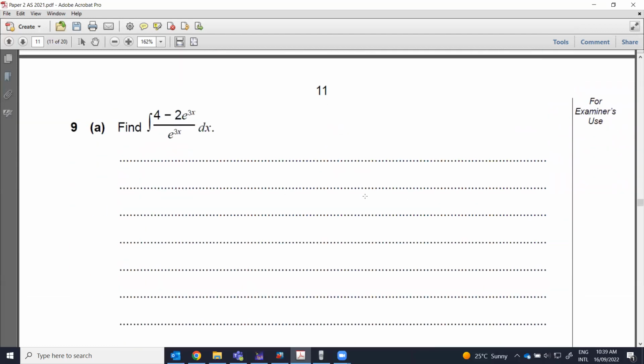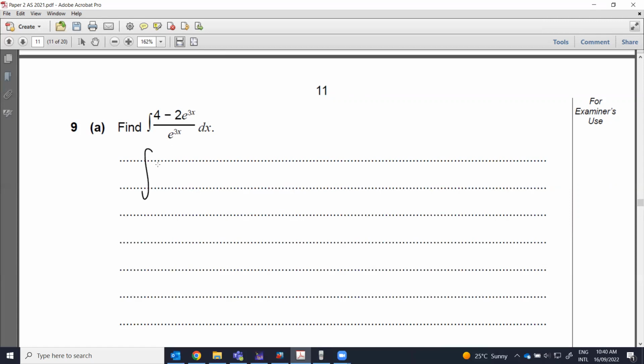Okay, then number 9, we have to integrate. With this one, what we want to do is to split the denominator across the numerator. So I will first split up my fraction.